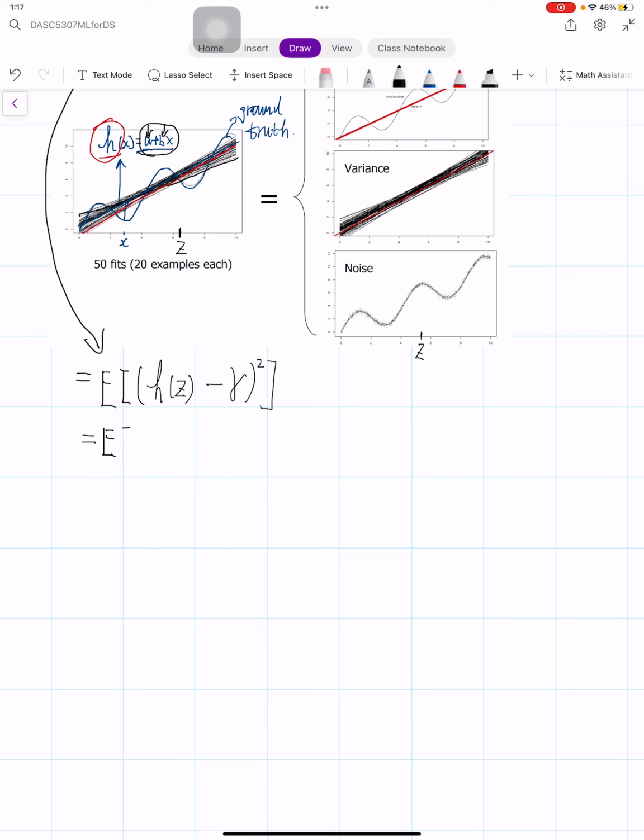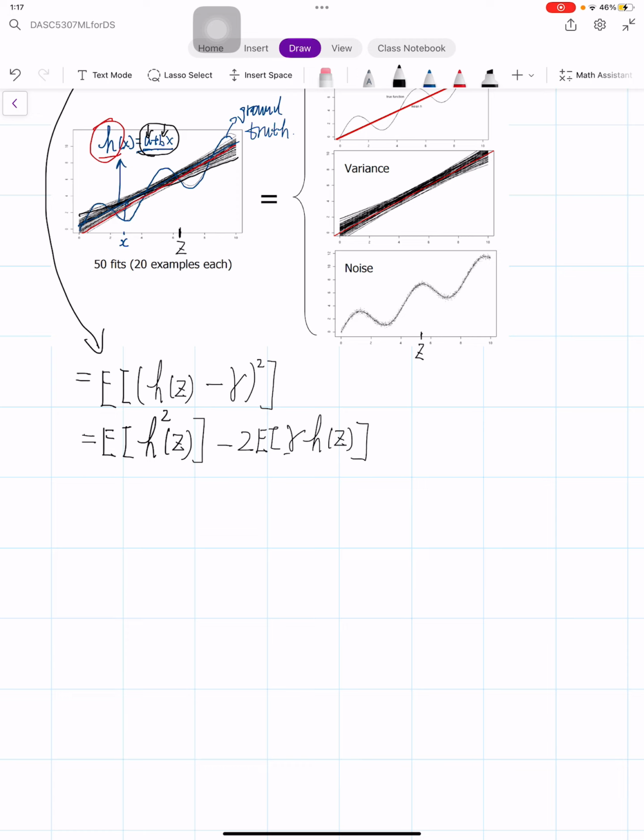we can expand the square, so it's hz squared, a predicted value at z, minus 2 times the expected value of gamma and hz.